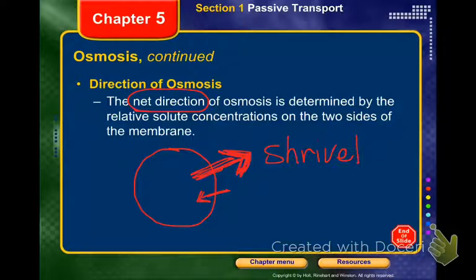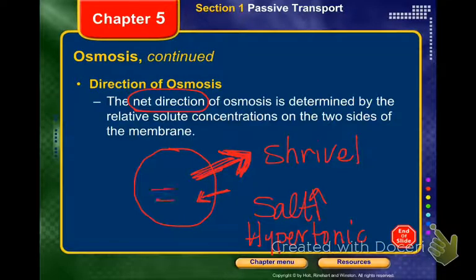What would make water move out of this cell? More salt. If you have an elevated salt level outside this cell, water is going to move out. What kind of solution would that make? Hypertonic. If the salt concentrations were equal inside and outside the cell, then it would be isotonic.